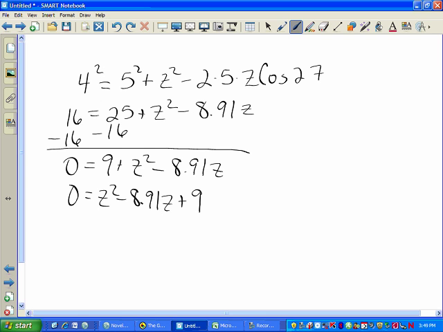Putting that 9 at the end. What's up now? Do you know what multiplies to be 9 that adds to be 8.91? We could factor it, but we don't know that. What do we do? Quadratic formula. Or we could put it into y equals and find where the roots are, where they intersect.